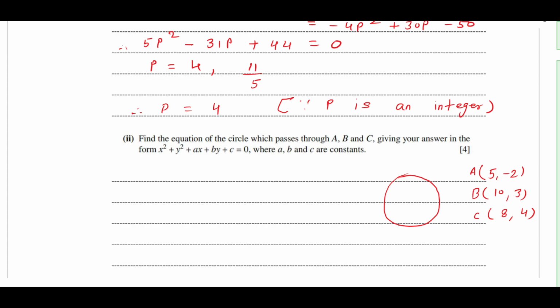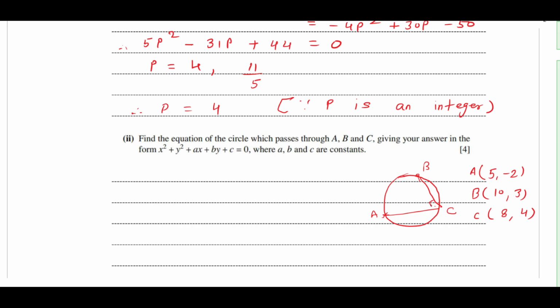So suppose somewhere here I take a point A, this is AC, and I have B somewhere here. AC is perpendicular to BC, something like this.